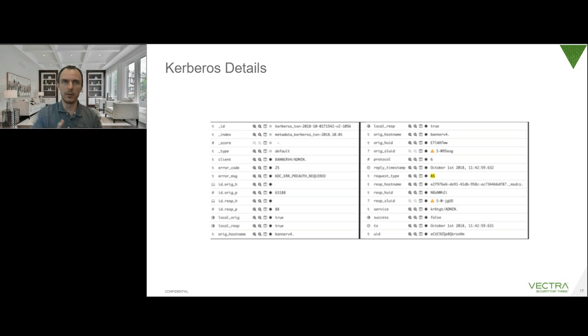If there's an error there, we'll go over a couple of those, but we'll do that a little later. Originating port, response port: it's Kerberos, so predominantly it's always going to be over port 88. The originating host name is taken from the detect system through our host identification.